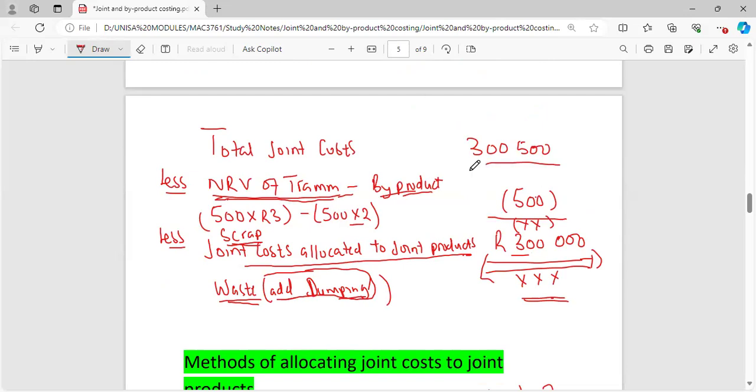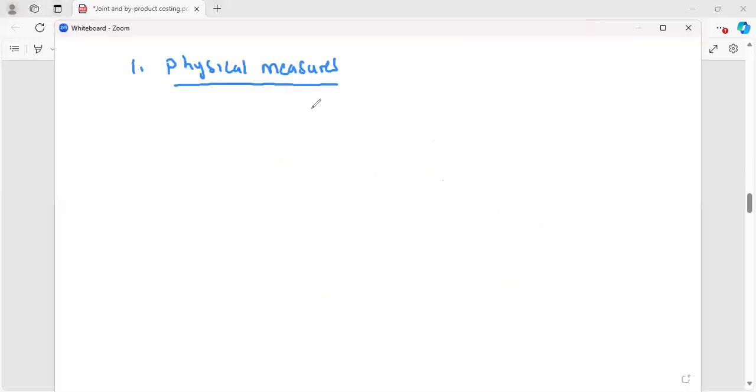Those are the joint costs allocated to joint products. So we are now going to allocate 300,000 using the physical measures. So it's going to be for ARM, we have ARM, and who else? We have NUM.